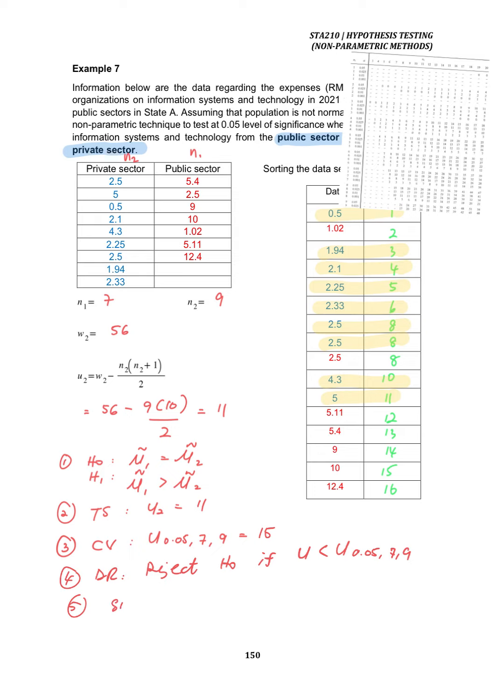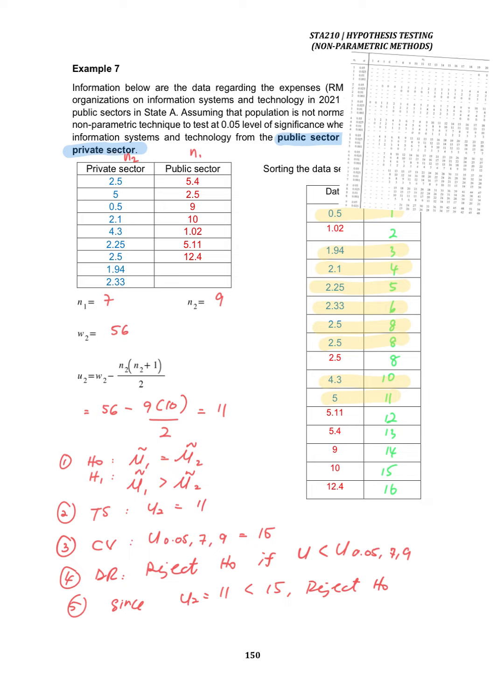Since U2 is equivalent to 11, less than 15, so we reject the H0, reject the null hypothesis. Since kita punya test statistic is less than the critical value.